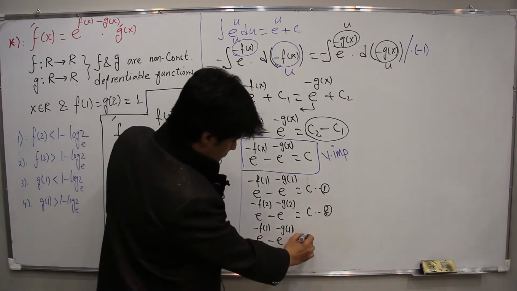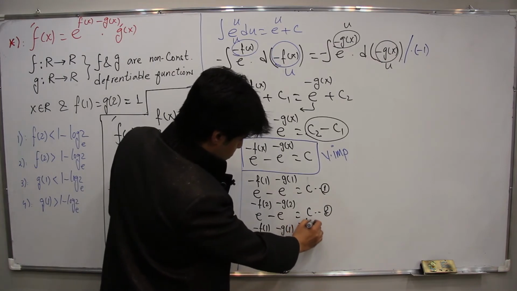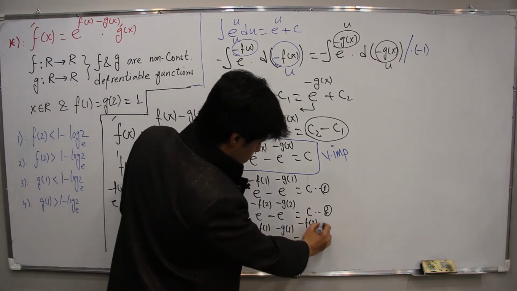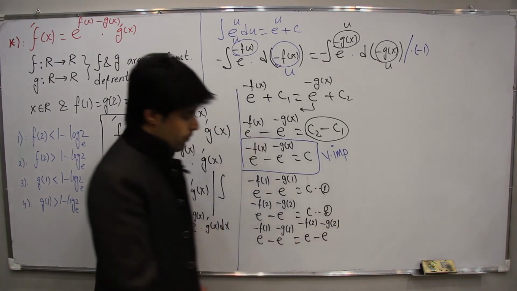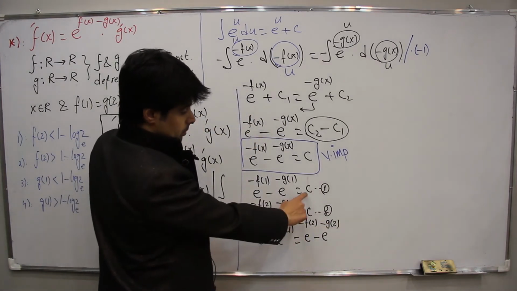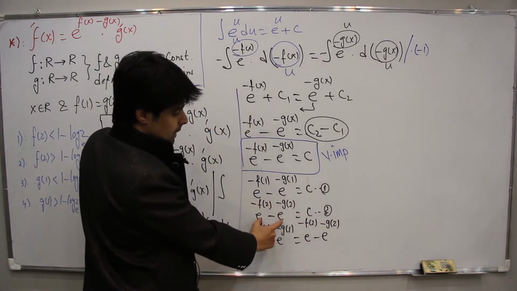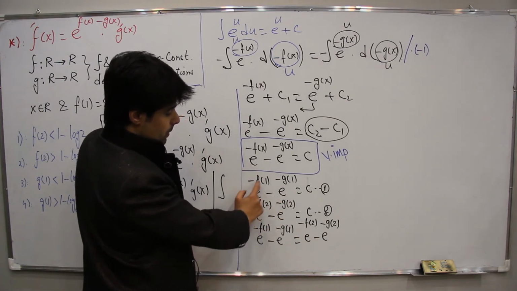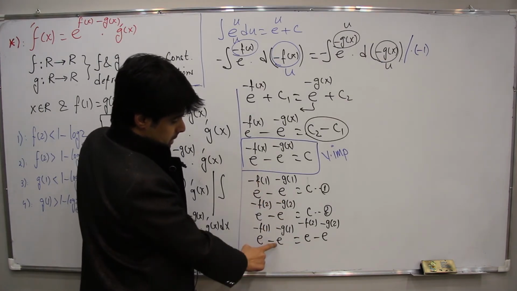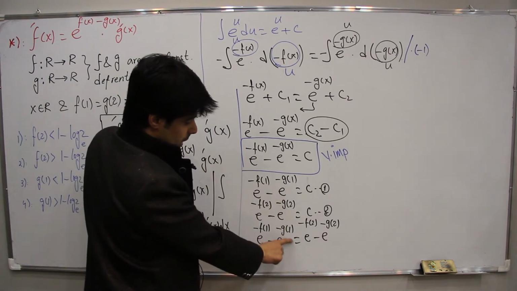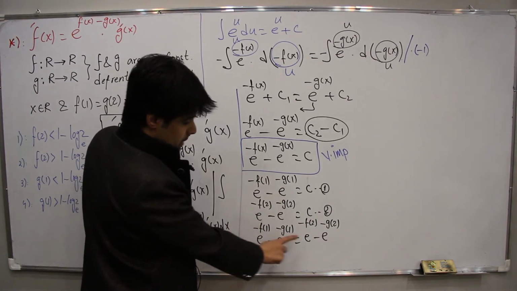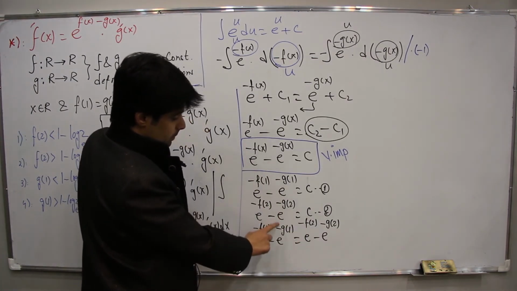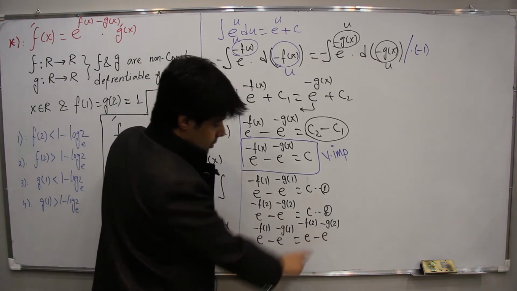This one, e to the power minus f(2) minus e to the power minus g(2). Right side is the same, so left side must be the same. E to the power minus f(1) minus e to the power minus g(1) is equal to e to the power minus f(2) and minus e to the power minus g(2).